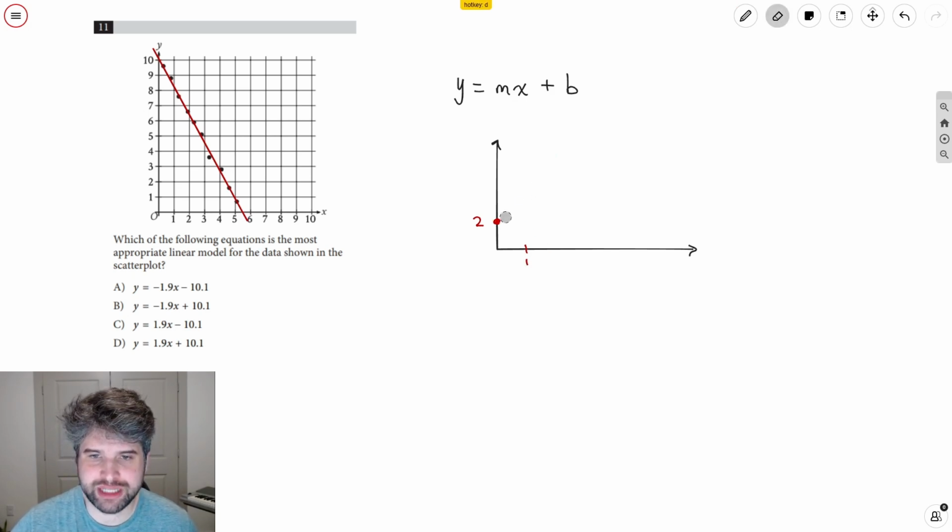Let's give us some breathing room: 2 down here, 3, 4, 5. Let's say that this is 5. And then there's a point here at 8. And that's what our line looks like.